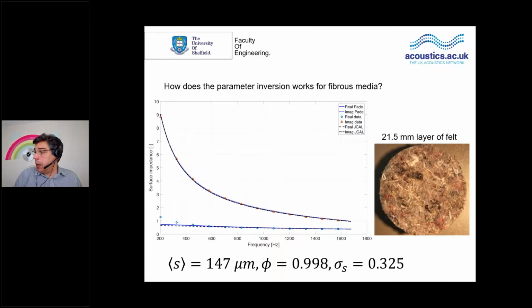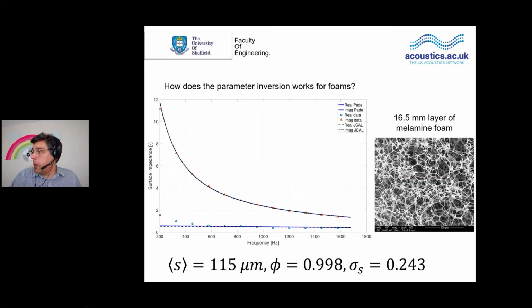For example, in the case of the melamine foam, you can look at optical images, or manufacturers tend to give you data, like cells per inch, so you can calculate that. If you take this material and calculate cells per inch, you'll get 120. So we get 115 micrometers, which is very close.